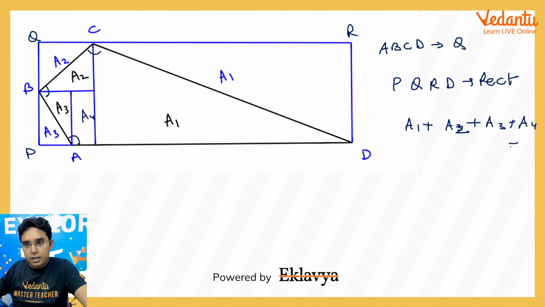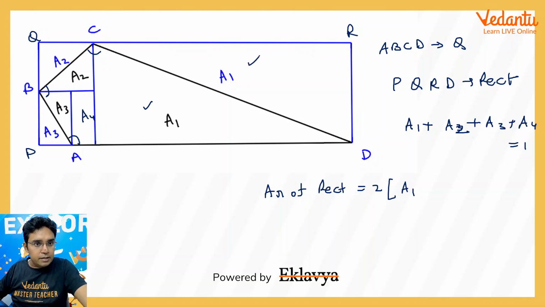So A4, that is equal to 1. Whereas area of rectangle, if we see, it will be 2 times A1, which covers this and this, plus 2 times A2, which covers this and this, plus 2 times A3, which covers this and this, but only A4.